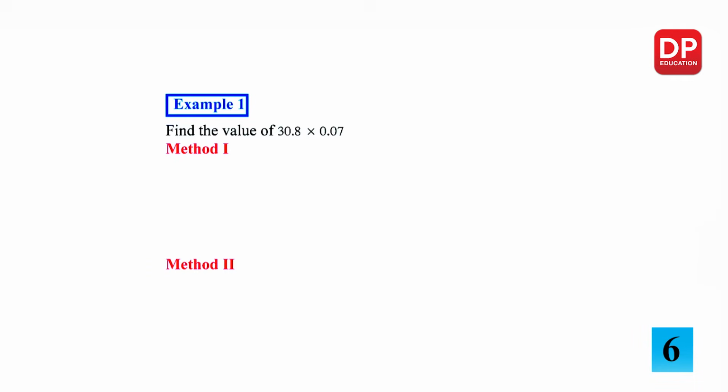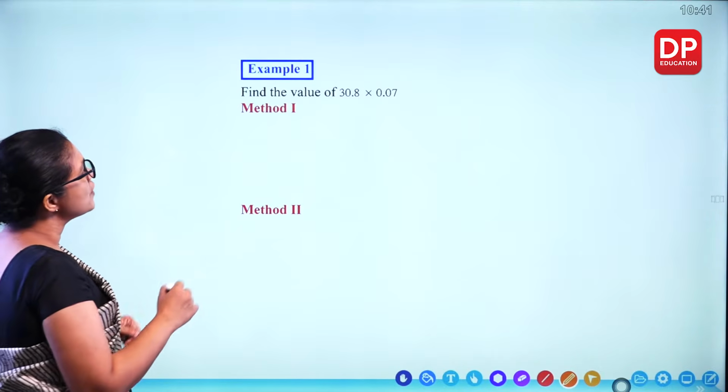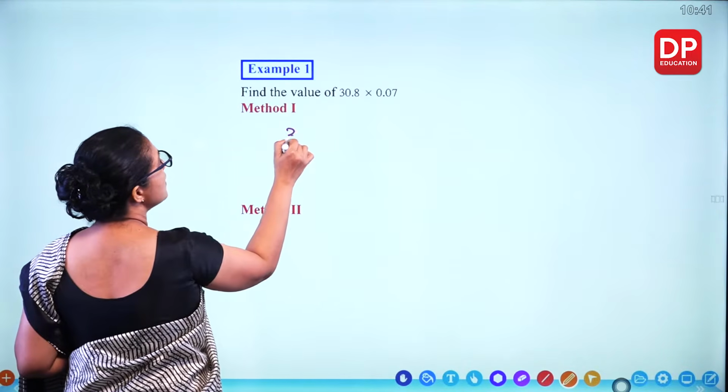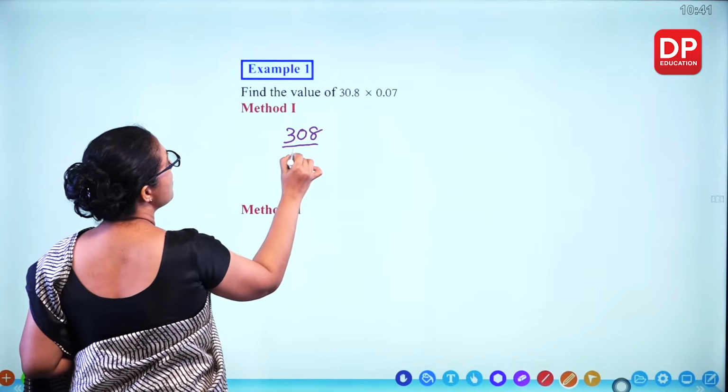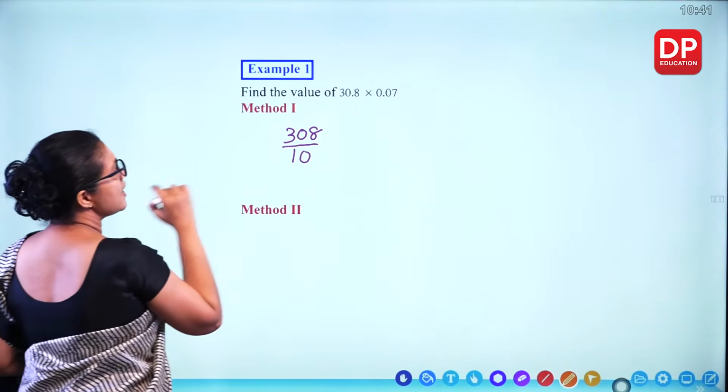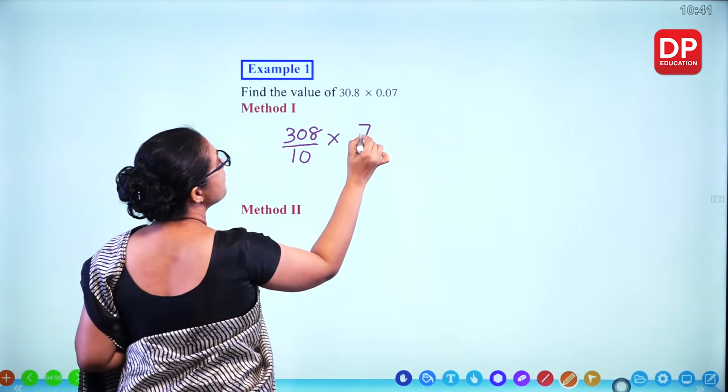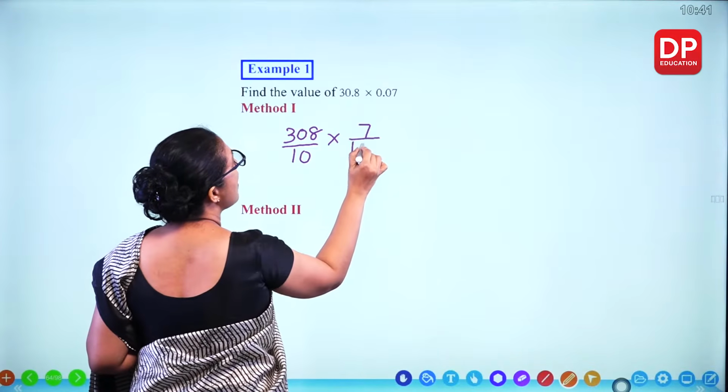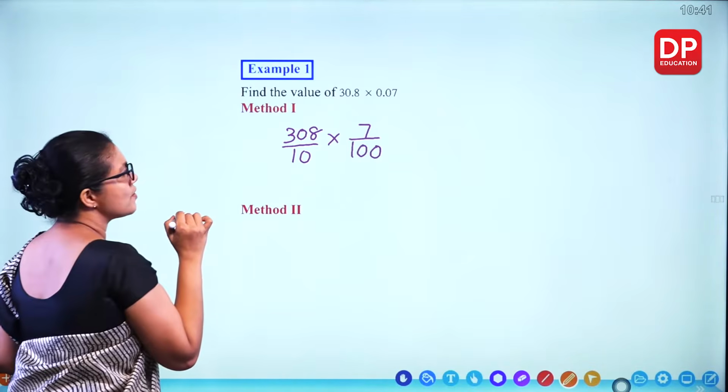Example number 1. Find the value of 30.8 into 0.07 using 2 methods. First we'll convert to fractions. 308 divided by 10, that's 30.8. 7 divided by 100 is 0.07.